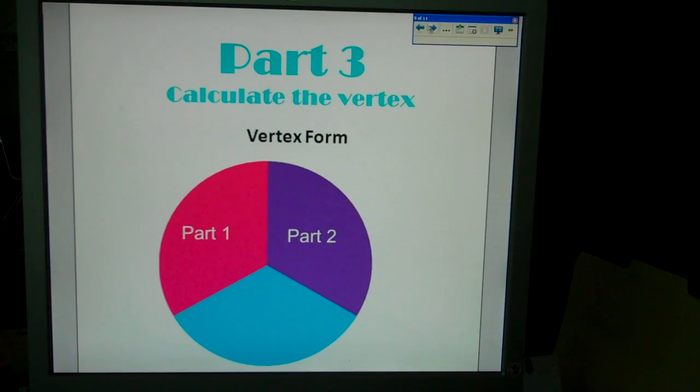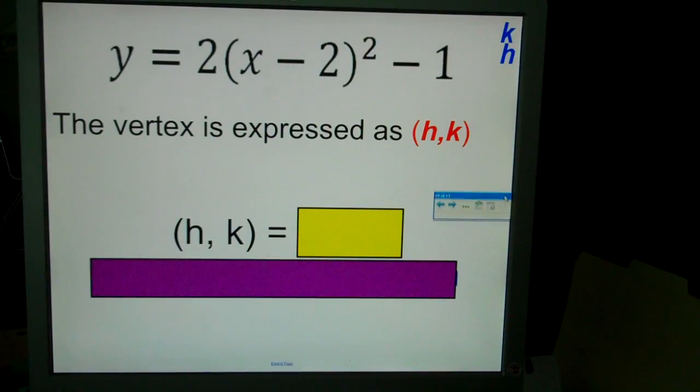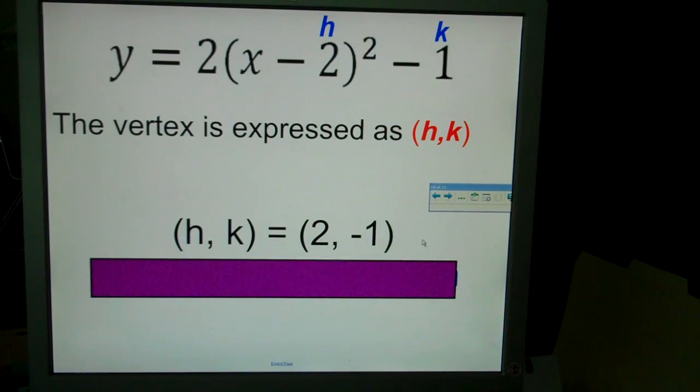All right. Calculate the vertex. Okay, here we go. So the vertex is expressed as h, k. Okay? Here we have h, here we have k. So, what's the vertex of that parabola? You should be able to answer that very quickly now. 2, -1. Okay?